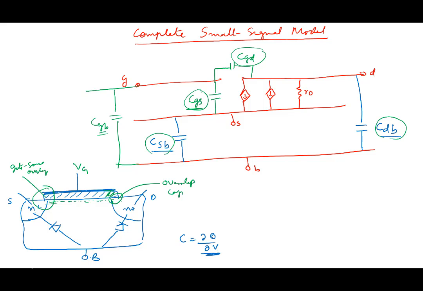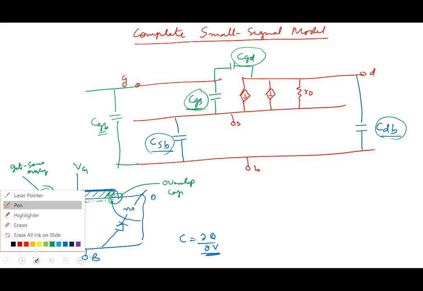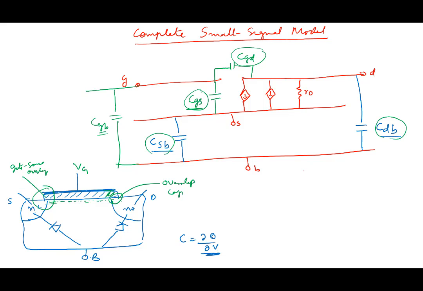Okay, so finally what one needs is, how do we calculate these things? CSB normally is like a diode capacitance. So maybe there is some CJ0, the zero bias capacitance, divided by 1 minus VBS by some built-in voltage, to some factor M, multiplied by the area of the source and body.